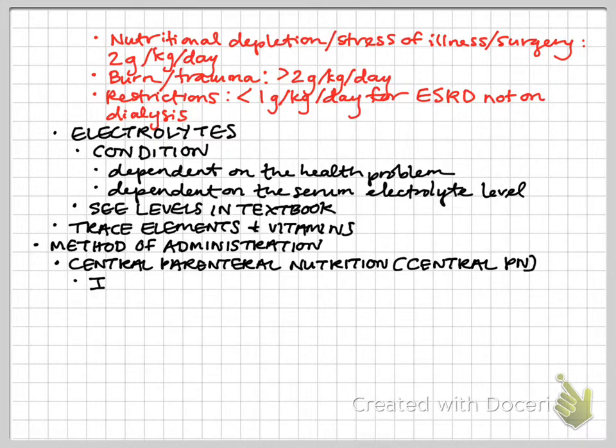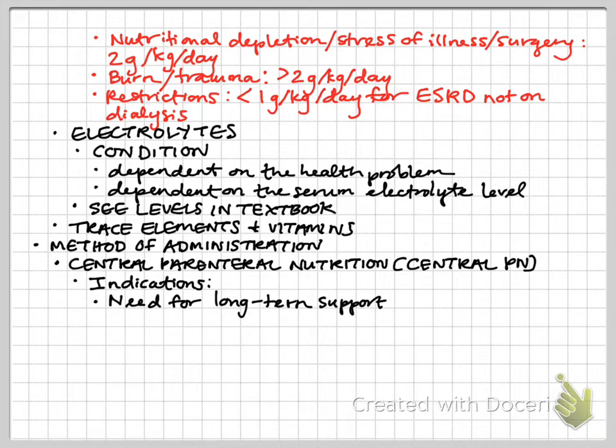Indications for central parenteral nutrition are going to be, obviously, central is going through a central line, whether it's a PIC or a central venous catheter, and that goes in conjunction with indications for those lines. It's a need for long-term support. It's not like if someone comes hungover into the ER, they're like, we got to put a central cath in right away. Like, no, you just give them a little IV fluid and they can be on their way. We can use a peripheral line, hopefully.